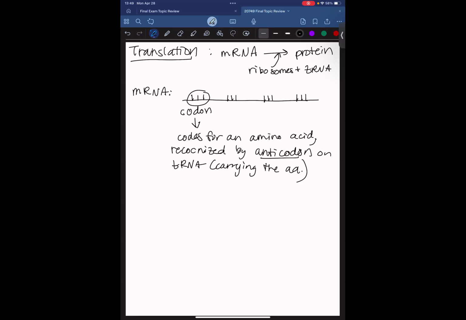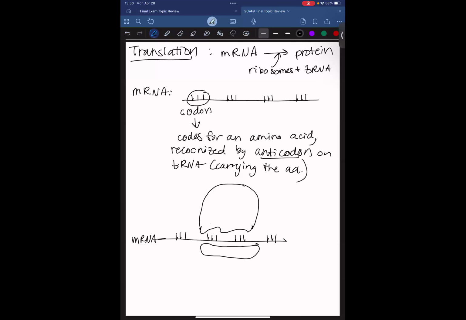This is how this will happen. We have our ribosome, and then we have our mRNA. The ribosome clamps on to it.